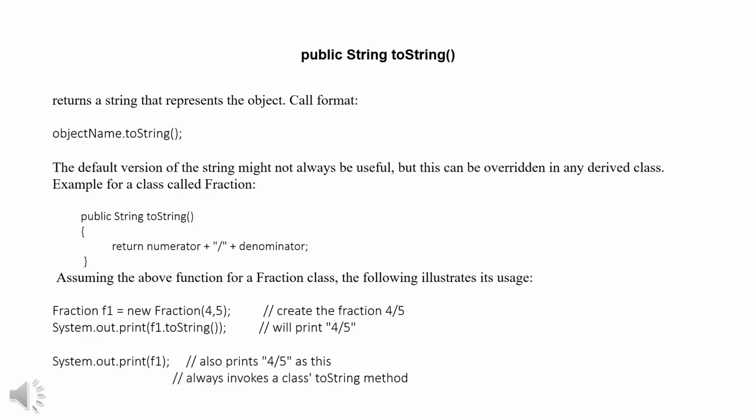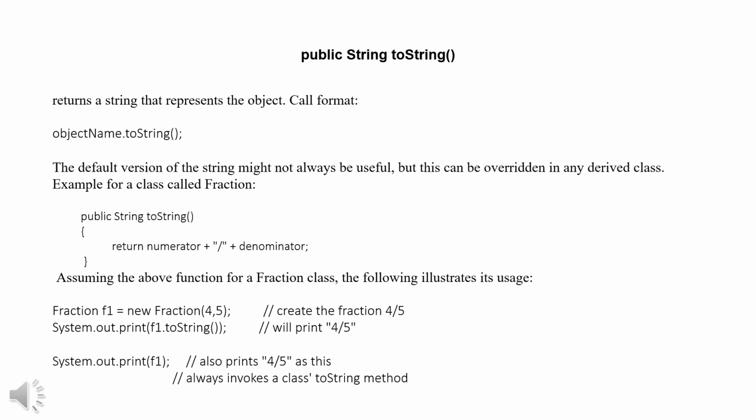Another method is toString. The functionality of this method is returning a string that represents the object. In order to use this method, you need to follow this format: objectName.toString.